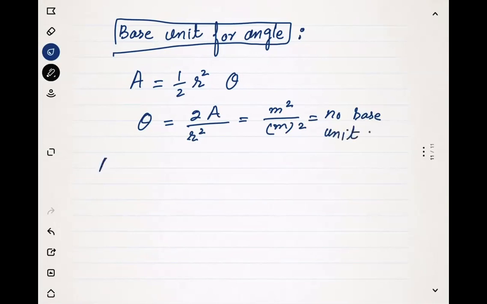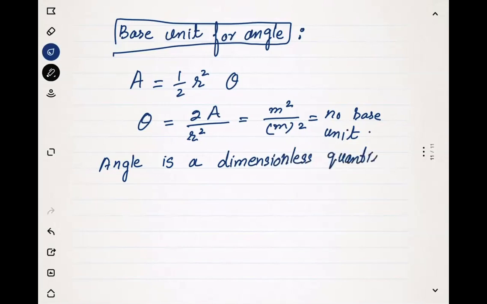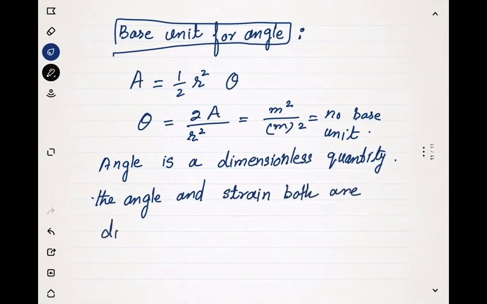So angle is a dimensionless quantity. We must say that the angle and strain both are dimensionless.